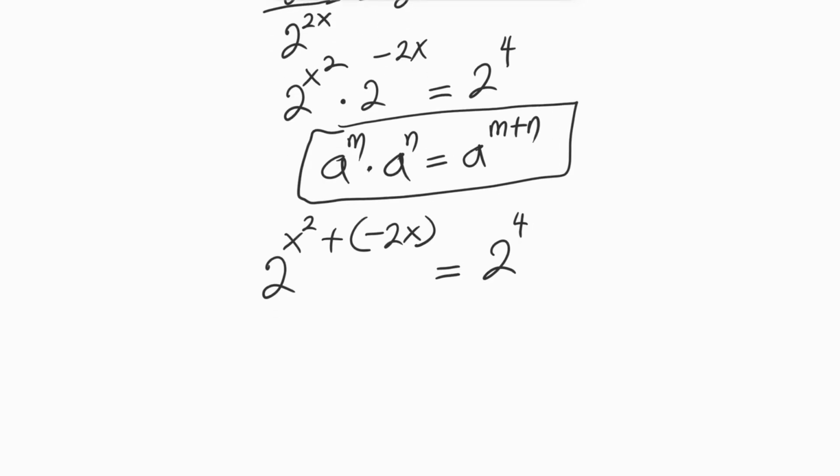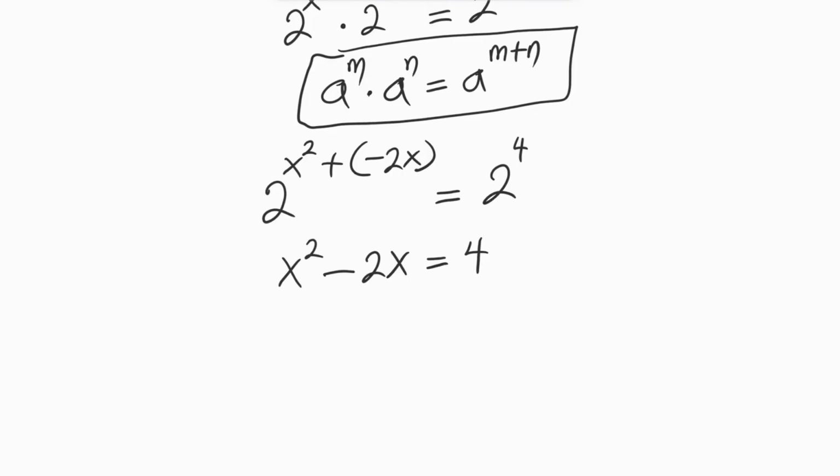Now, since we have the same base, we can equate the powers. So now we have x squared, plus and minus will give us minus 2x, is equal to 4.